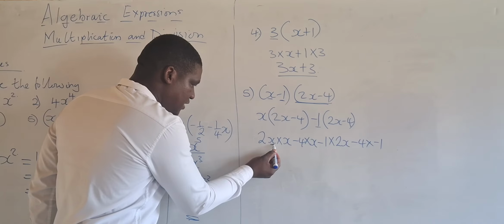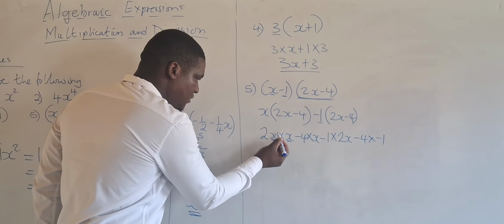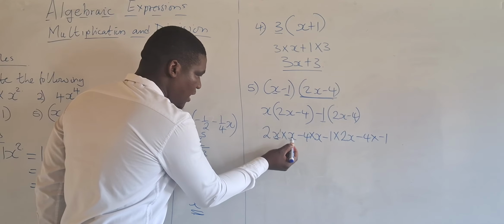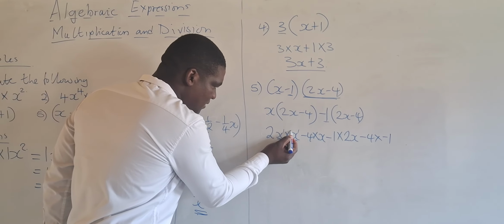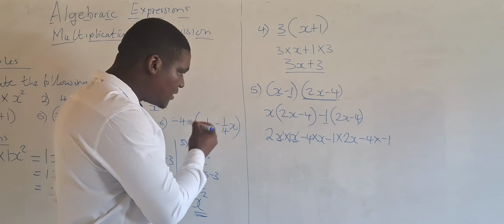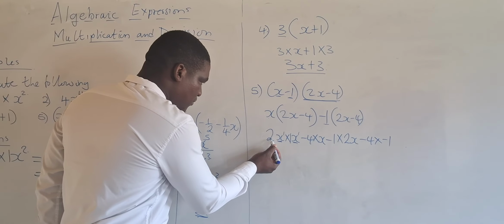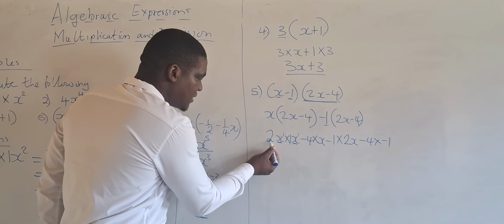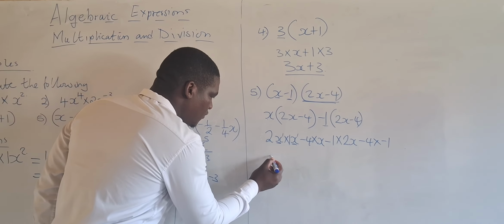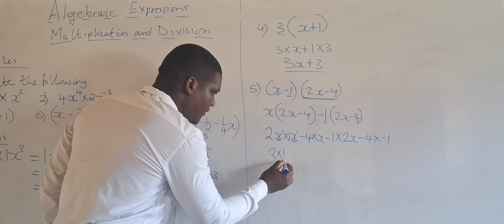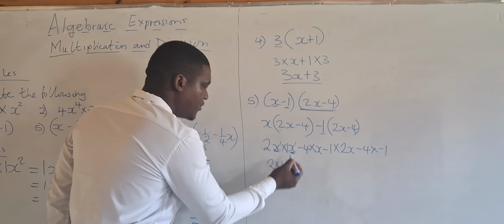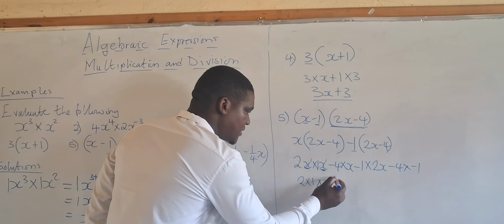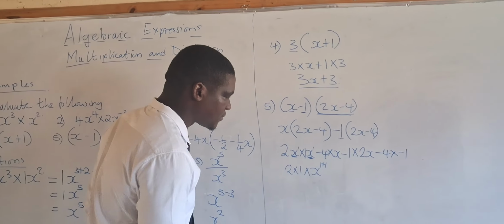Since the variables are the same here, the power of x is 1 and the power of x is 1. And the coefficient of x here is 1. As I said before, we are multiplying the coefficients first. We are saying 2 times 1, and as variables are the same, we add the powers. So we are saying x to the power 1 plus 1.